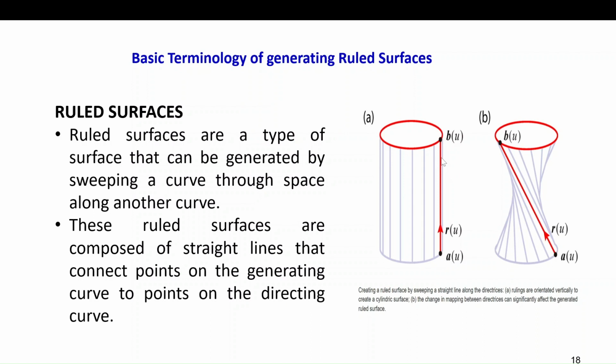And while you're sweeping the straight line along the directing curve, there are some straight line markings. These markings are called rulings of the generating curve. So this is all about ruled surfaces.